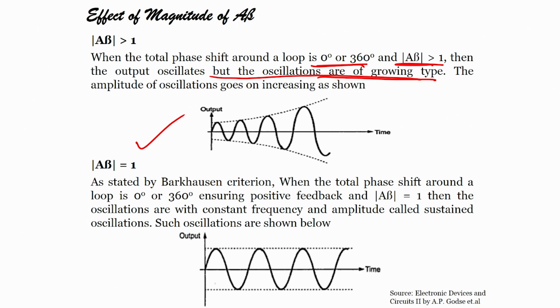Let us see what happens if I have the magnitude of A into beta equal to 1. When the total phase shift around the loop is 0 degree or 360 degree, ensuring a positive feedback, and A into beta equals 1, then the oscillations have constant frequency and amplitude and are called sustained oscillations.